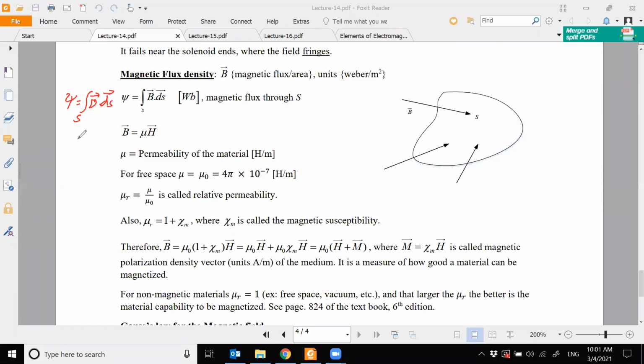So flux is the amount of electric flux density passing through a surface. Here also, the amount of magnetic flux density passing through a surface is called the magnetic flux.